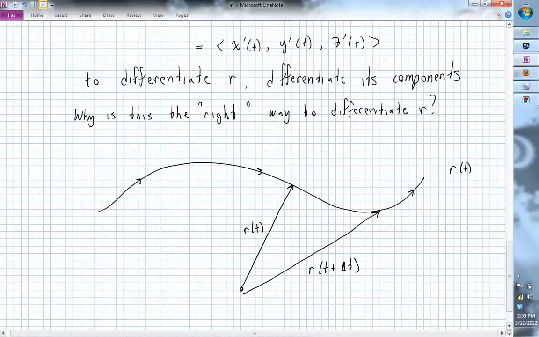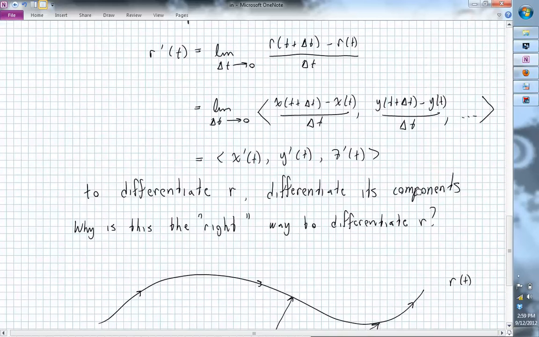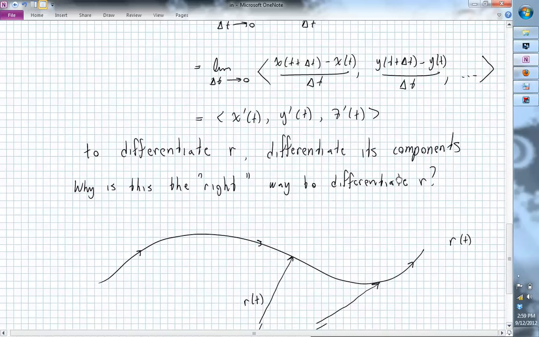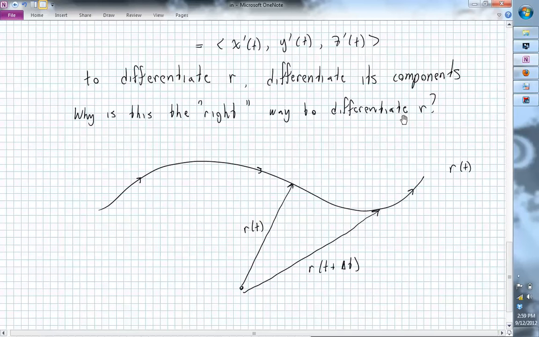So this is the little dot moving along the curve. Look at the numerator here. r of t plus delta t minus r of t. As a vector, what is its direction? Or where is it as a vector in this picture? Since vectors don't have location, I'll go back to my previous question. What's its direction? This is a displacement vector, right? And it represents the displacement from where to where?